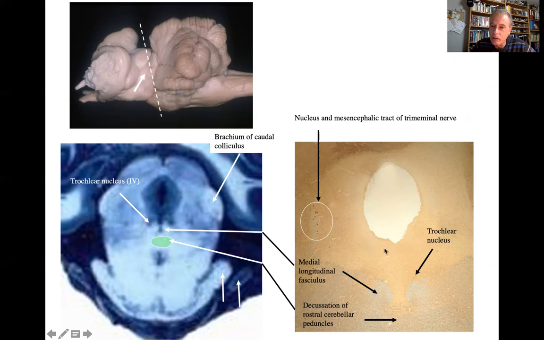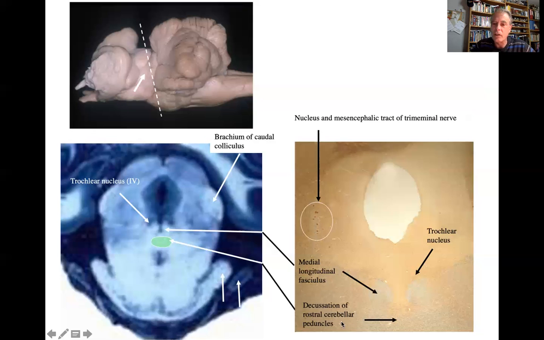Here we have the dorsal longitudinal fasciculus. Remember the nucleus of the mesencephalic tract of the trigeminal nerve, right? And you see here, this structure is the medial longitudinal fasciculus. Remember that this fasciculus is connecting nuclei that move the eye with the vestibular nuclei, right? And right here, this is another decussation.